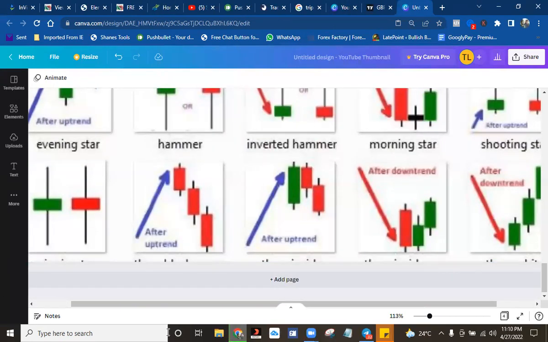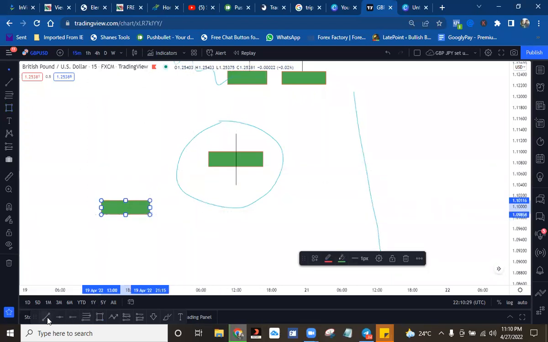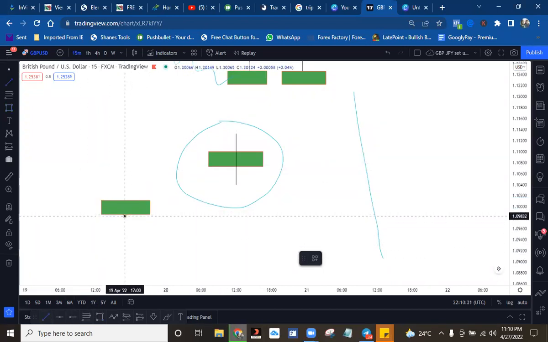Let me use your chat box to see if what I'm explaining is actually sinking. Is hanging man and inverted hammer of the same shape? Yes, they can be the same shape. Sometimes you can see it form like this, and sometimes the wick can be longer.